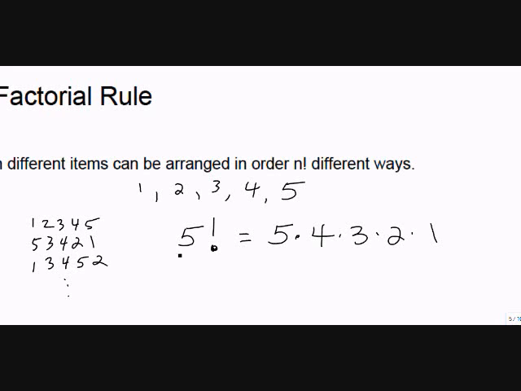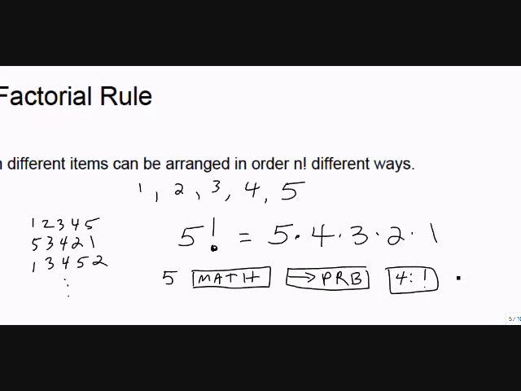So to get 5 factorial in your calculator, you enter a 5, and then you hit the math key, and then you arrow over to PRB, and then which number is it? Number 4. And then I think you just hit enter when you get back.